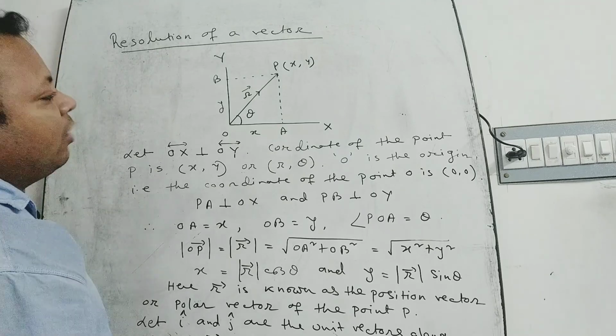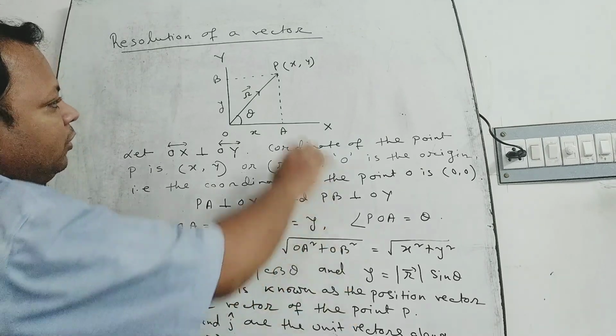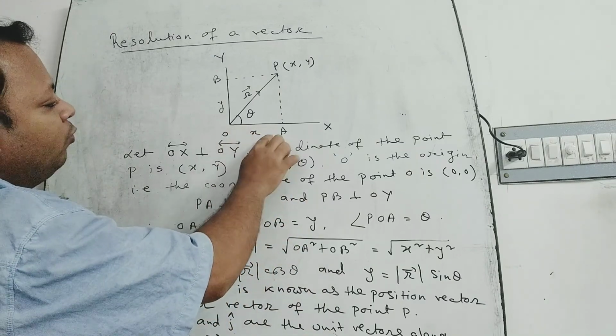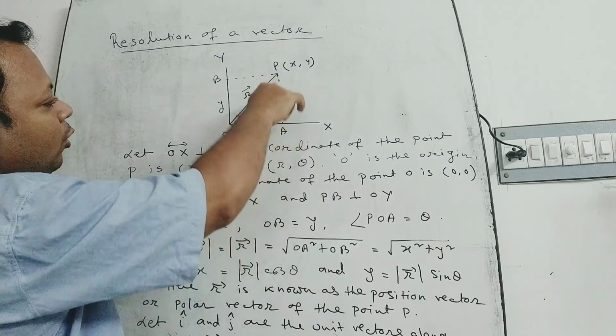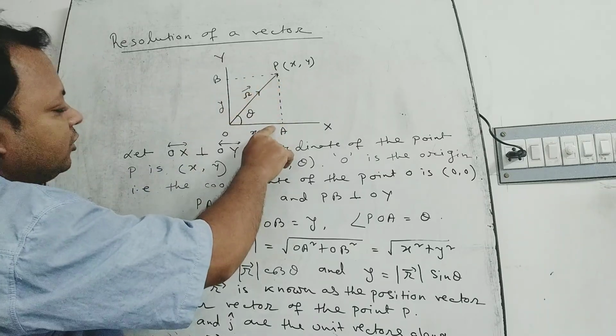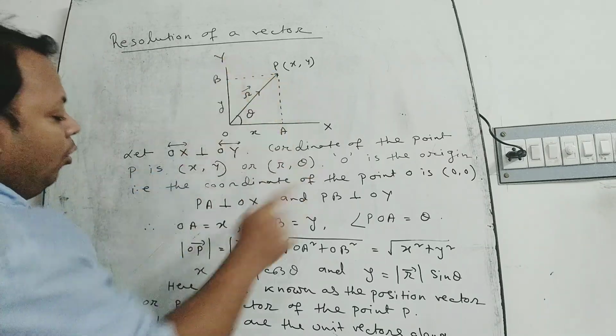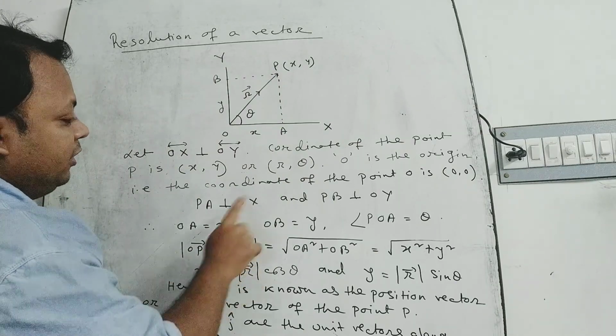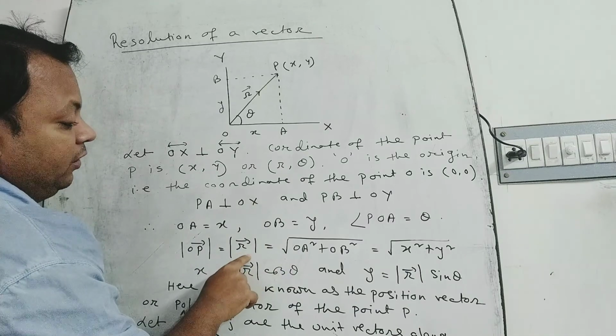Now, according to the Pythagoras theorem, the length of OP is equal to the square root of OA square plus PA square, or modulus of OP gives modulus of r vector.